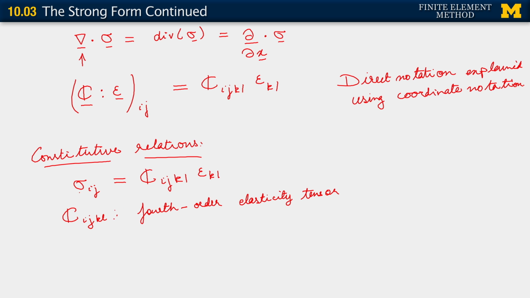For linearized elasticity, it is constant with respect to, WRT is short for with respect to, the epsilon tensor. So this is what we mean by linearized elasticity.